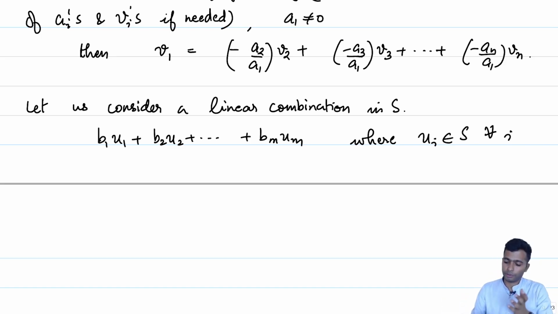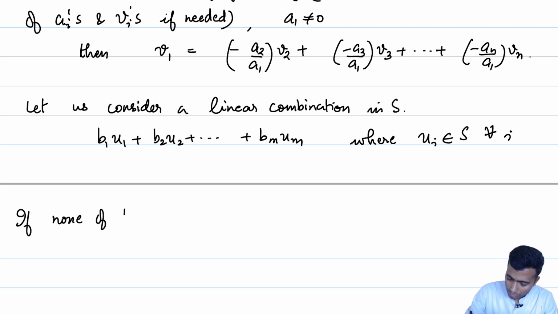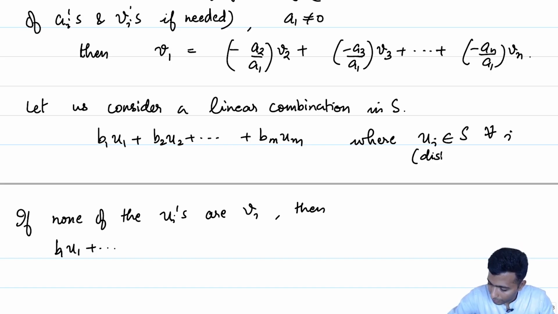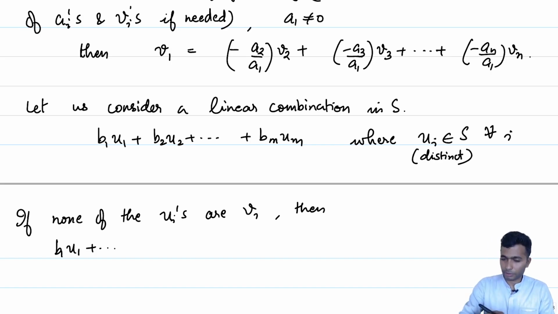Let me note, if none of the ui's are v1, let us always assume the ui's are distinct, because otherwise we can just absorb them into the sum involving the other ui, and again assume without loss of generality that all of them are distinct.